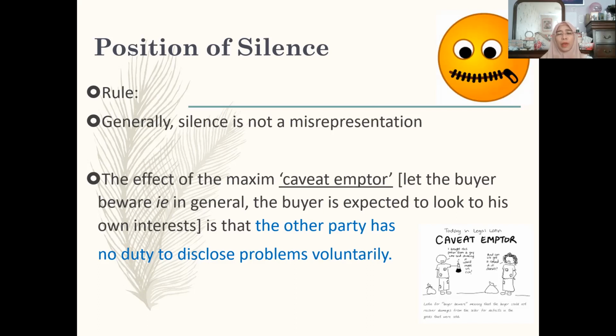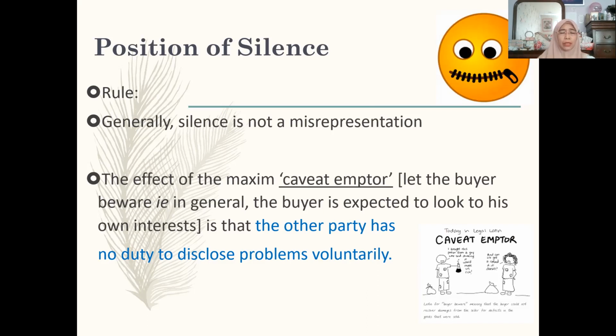What is caveat emptor? Caveat emptor is a very specific maxim here. It's between buyer and seller. Literally it means let the buyer beware. Meaning that in general, the buyer has the higher duty. The buyer is expected to look to his own interest and check before he proceeds to buy. On the part of the seller, the other party has no duty to disclose problems voluntarily.